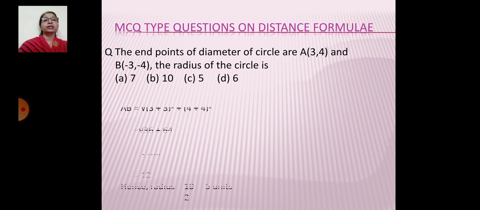So here it is, AB calculated by using distance formula, that is square root of x2 minus x1 the whole square plus y2 minus y1 the whole square. Consider coordinates of A as x1, y1 and coordinates of B as x2, y2. Substitute, so you will get length AB 10. AB being a diameter, radius is equal to 10 divided by 2, that is equal to 5 units.